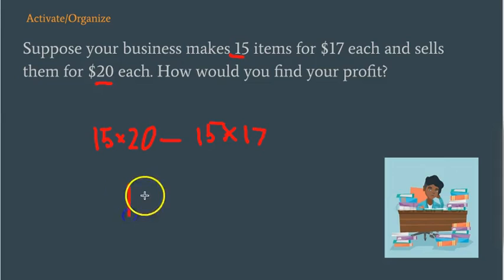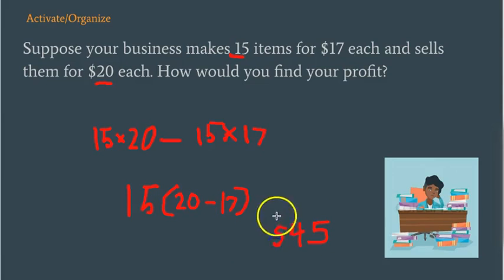Yeah, you could just do 15 times whatever you get after you take the $20 that you sold it for, minus the $17 that it cost. So then you're talking about, what, $3? So then our final is $45 total made.